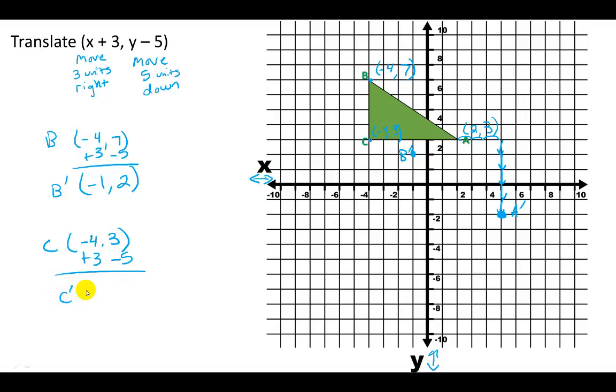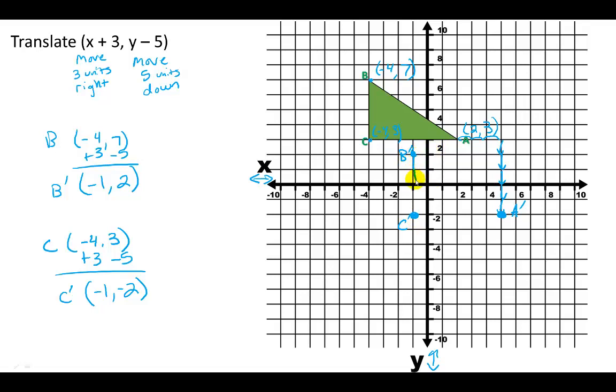So our C prime point is going to be -4 plus 3 is -1, 3 take away 5 is -2. -1, -2. That should be our C prime point, and we can check. We're going to go over to the right 3 units, 1, 2, 3, and down 5, 1, 2, 3, 4, 5, and it does match up.